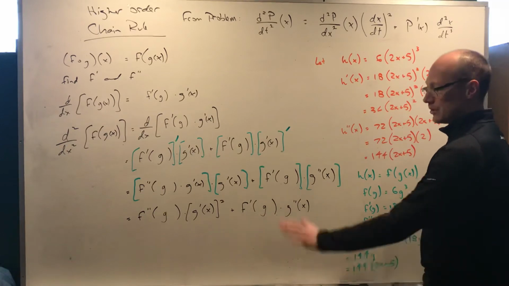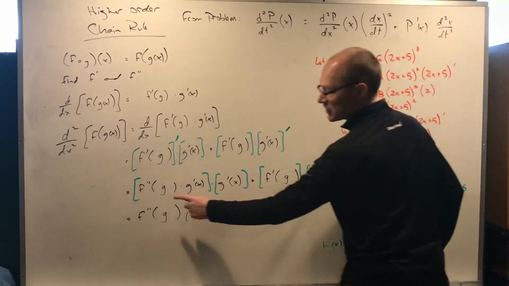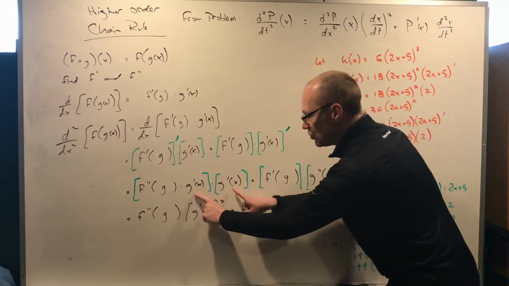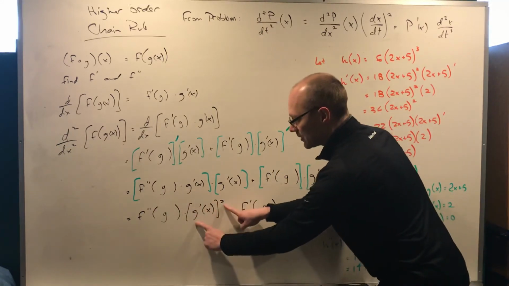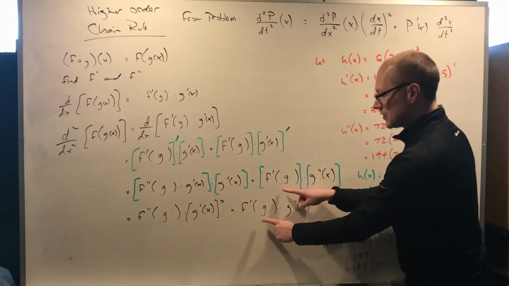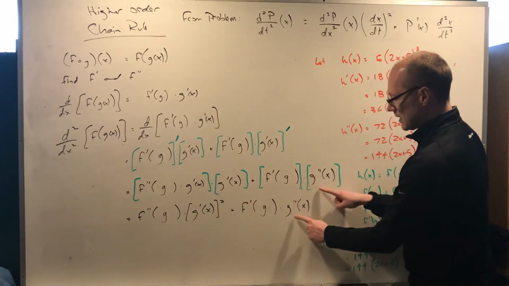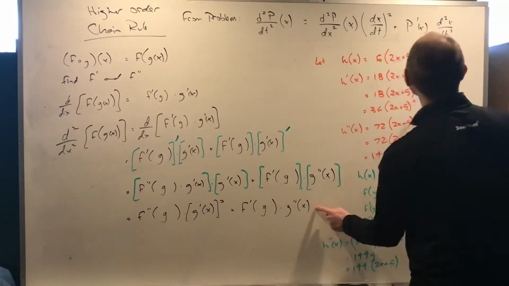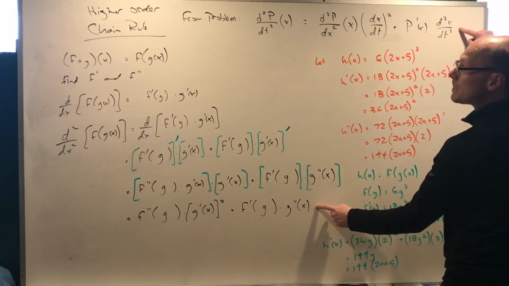Now we can simplify. We don't need all those green brackets. This is going to be the second derivative of f times 2 of these, giving it squared, plus the first derivative times the second derivative. And this right here is identical to this right here.